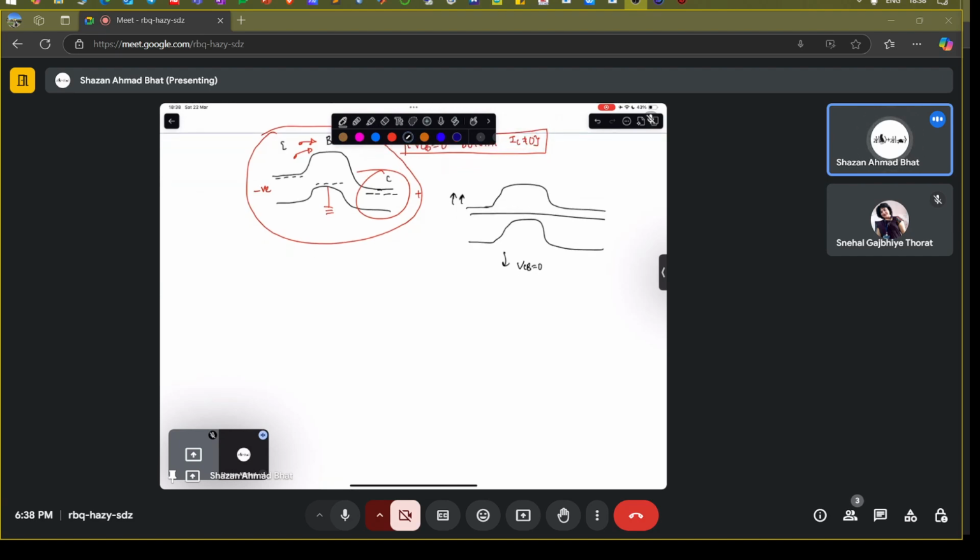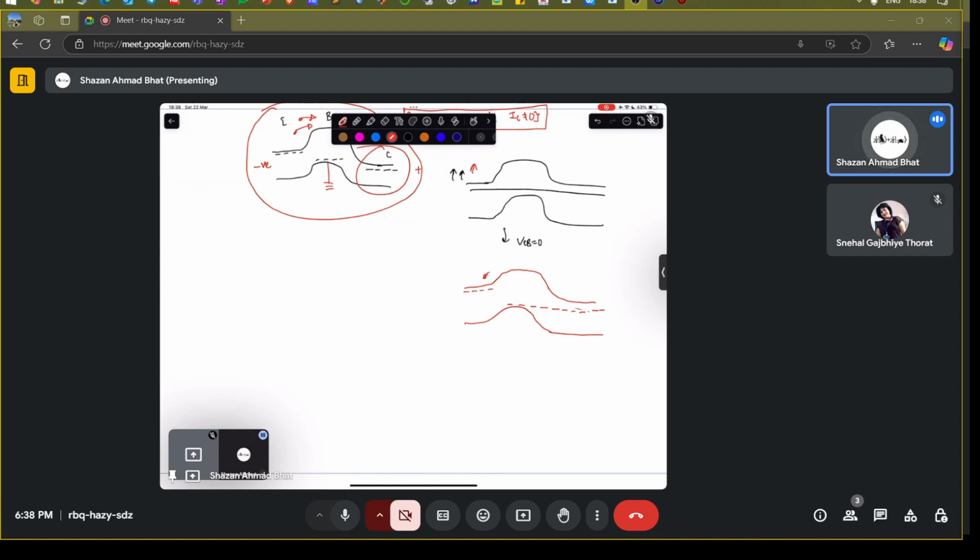So this side goes slightly up. You have a region like this, where this quasi-Fermi level is flat. I've not drawn it to scale; let me try to draw to scale at least here. This quasi-Fermi level is flat.